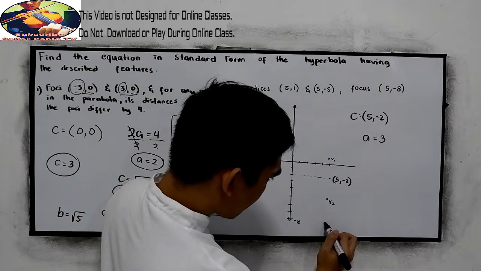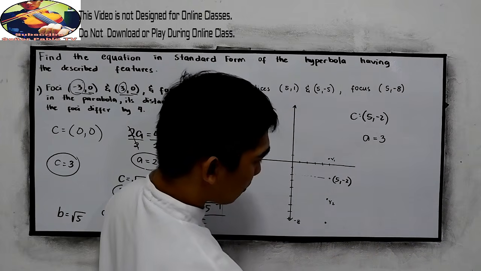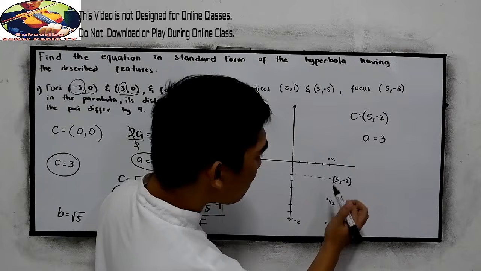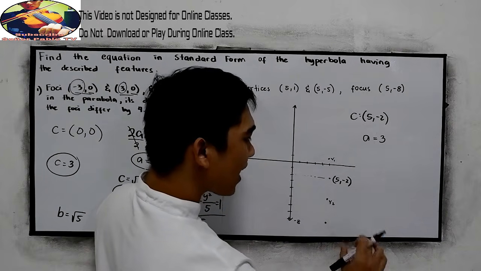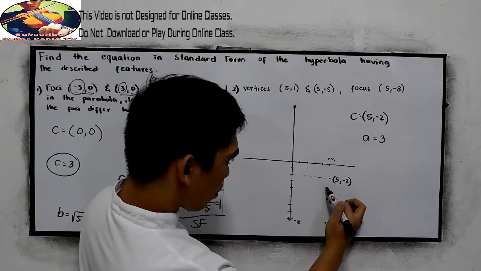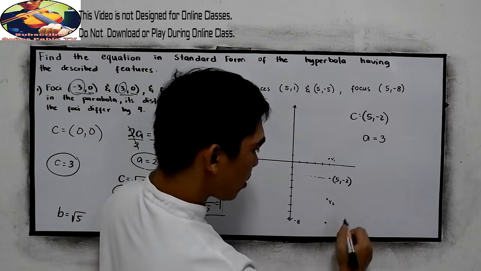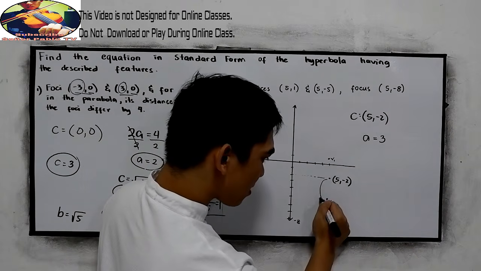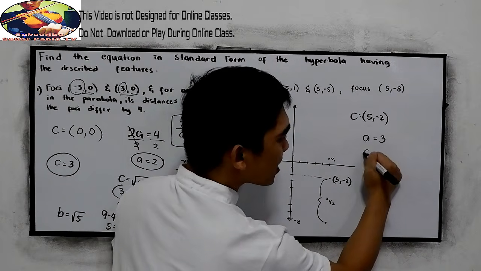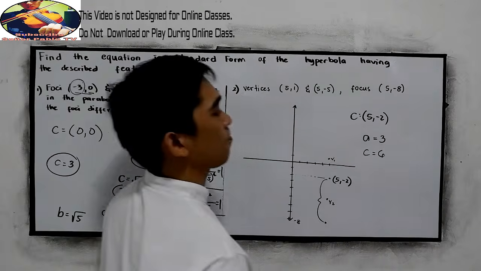So it's here, negative 8. From our center, that is the c. So 1, 2, 3, 4, 5, 6. So that is 6 units. So our c is equal to 6.